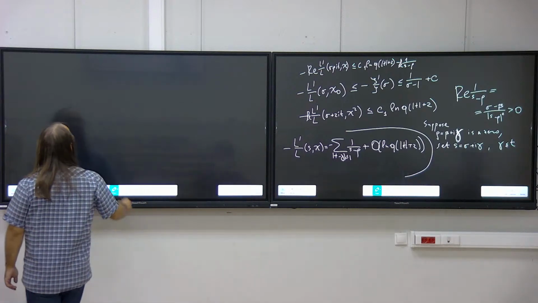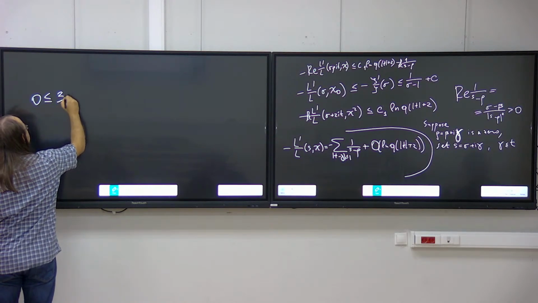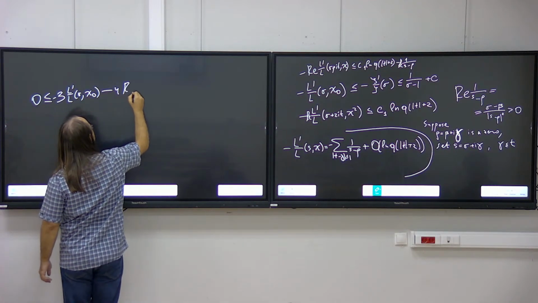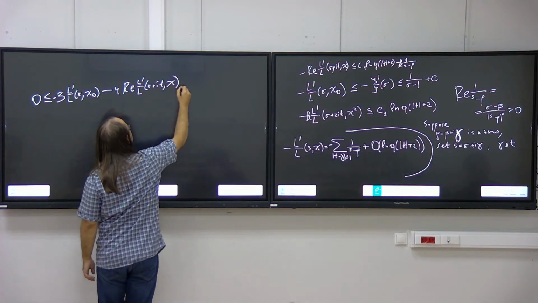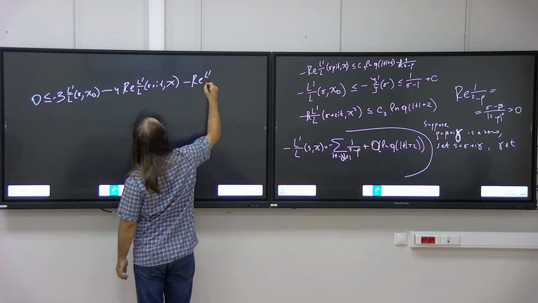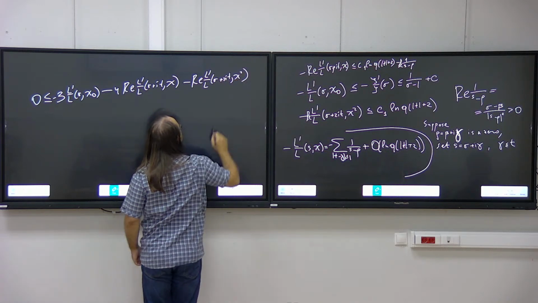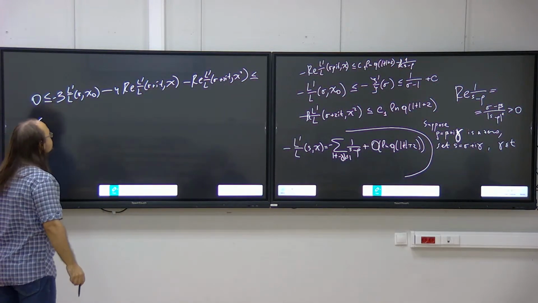So you get 0 is at most 3 times minus L prime over L at sigma, chi 0, minus 4 real part L prime over L at sigma plus it, chi, minus real part L prime over L at sigma plus double it, chi squared, which is at most what?